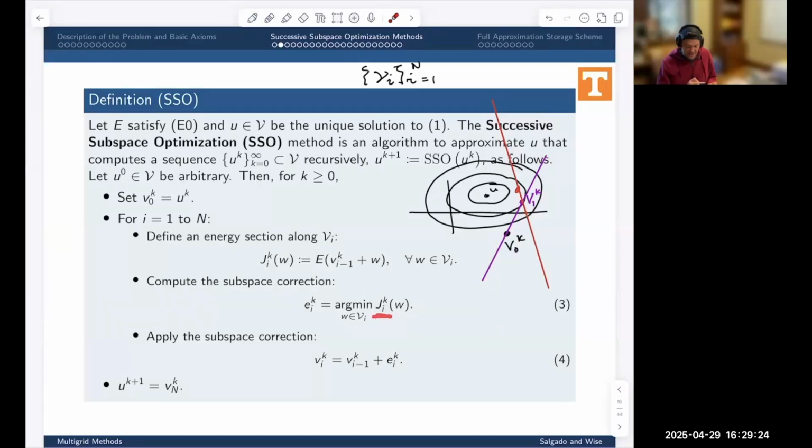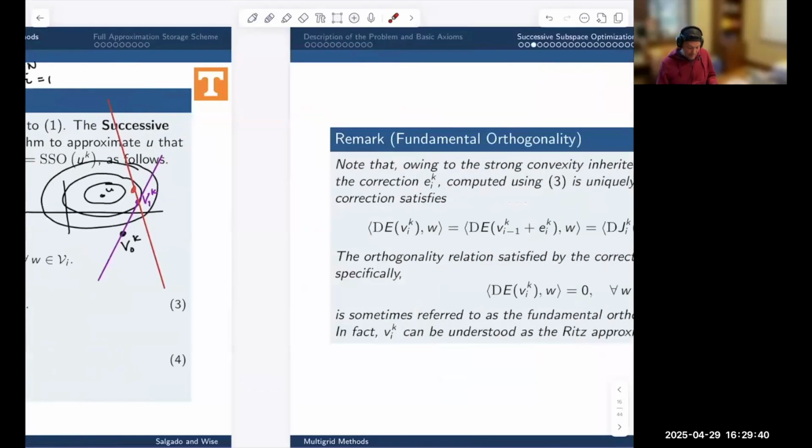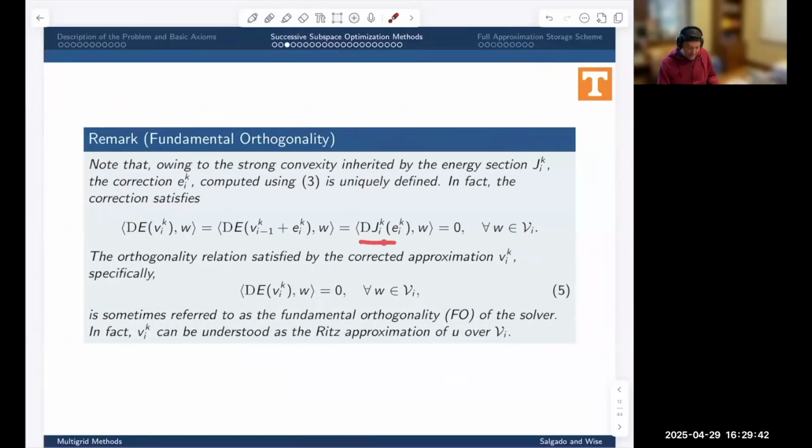Because this energy section here is a Frechet differentiable, strongly convex energy in and of itself, over a subspace. So when we solve that problem, we end up solving an Euler equation of a form like this, where the W's here are in the subspace.